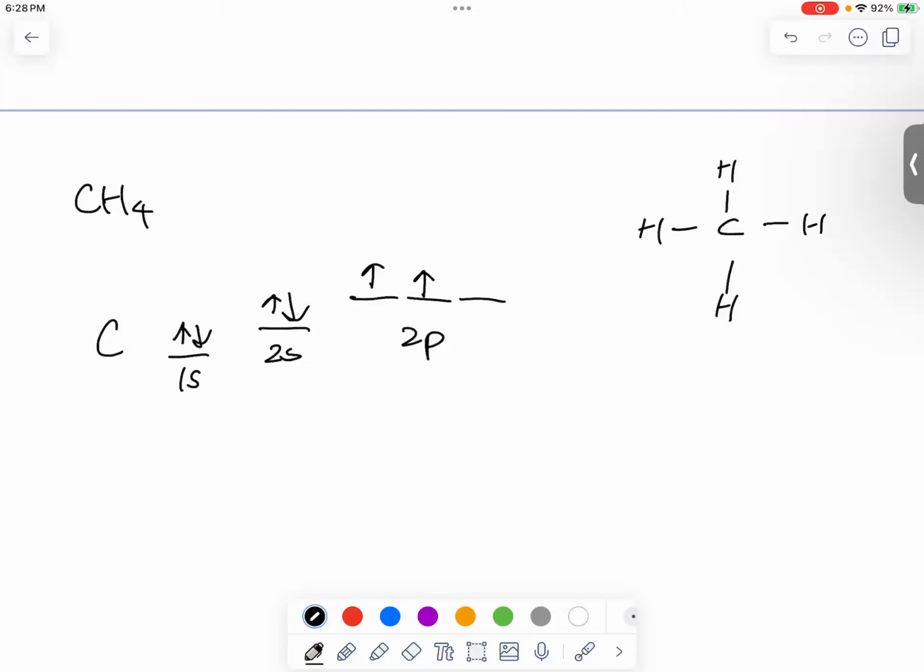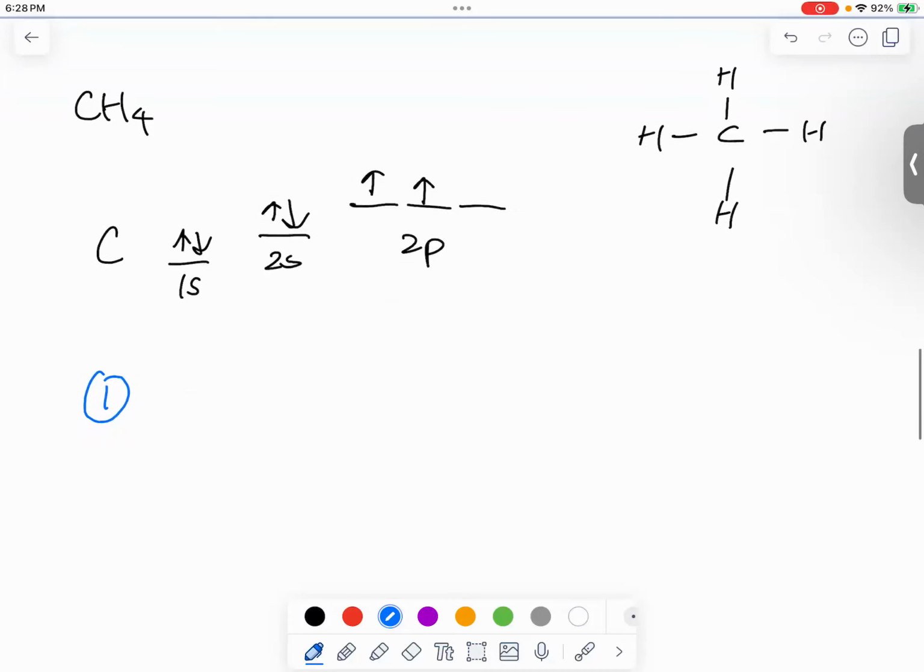Okay, so the discrepancies are the following. One, based on whatever we just discussed, a sigma bond or a single bond is an overlapping of s orbitals, right? So if we see the single bonds between carbon and hydrogen, then we would probably assume that there must be some sort of overlapping of s orbitals between carbon and hydrogen.